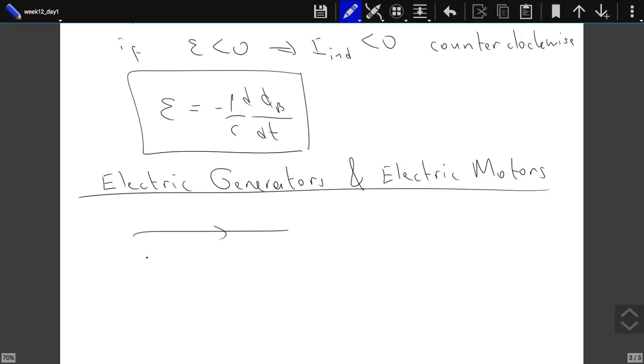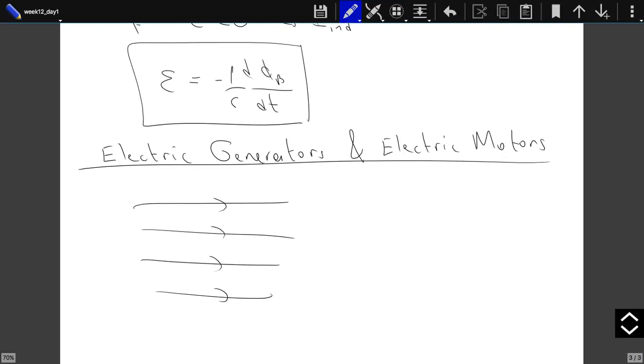So what you do is, let's say you create a region where there is a magnetic field, a B field, and you put some rectangular wire in it, or in fact it can be any shape, it doesn't have to be rectangular, and you send a current through it.